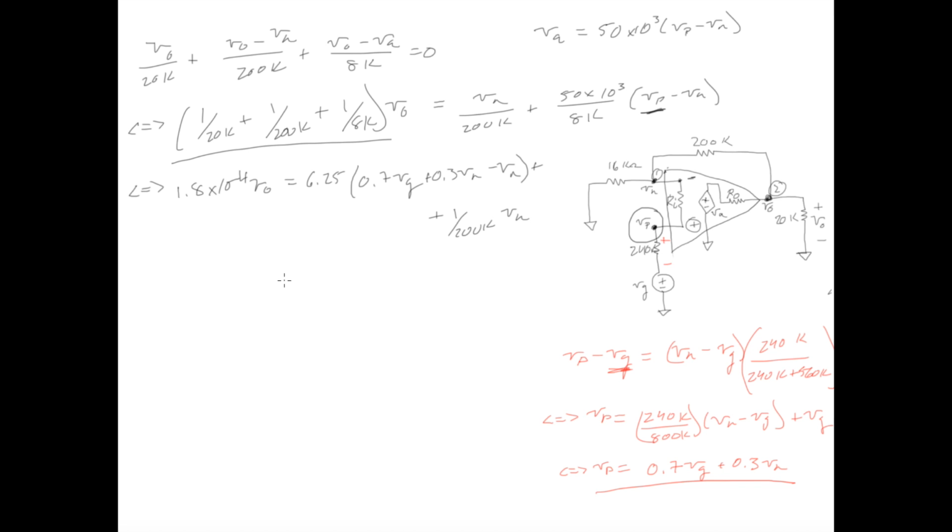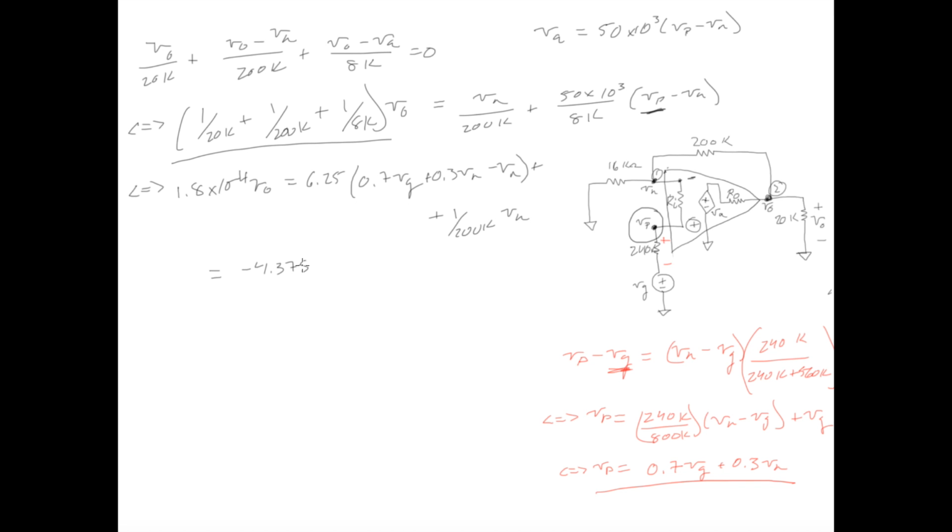So now if we were to simplify this, we can actually just combine this. 0.3 Vn and negative Vn is just negative 0.7 Vn. So we would have this 1.8 times 10 to the negative fourth V0 is equal to negative 4.375.